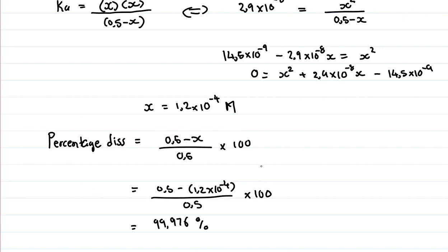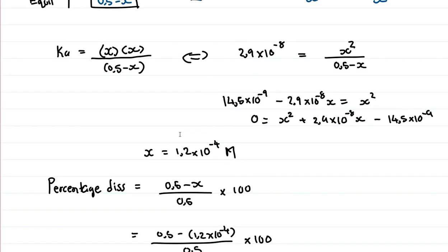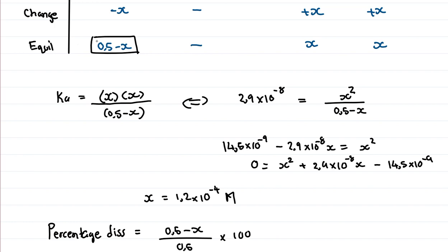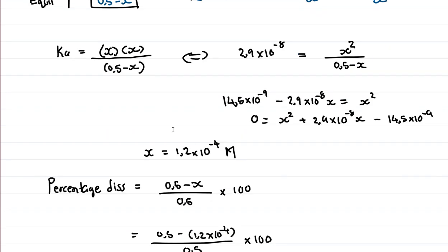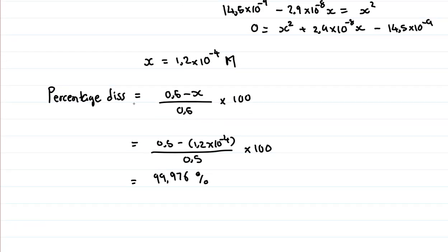So we're going to have to assume that the equilibrium concentration for hypochlorous acid is somewhat equal to this value over here.